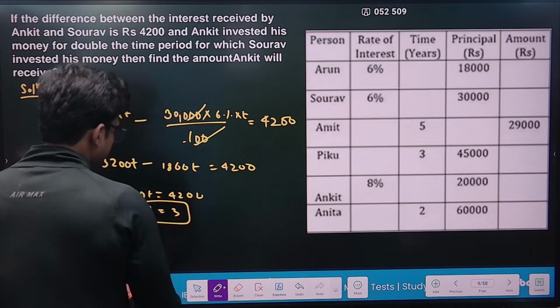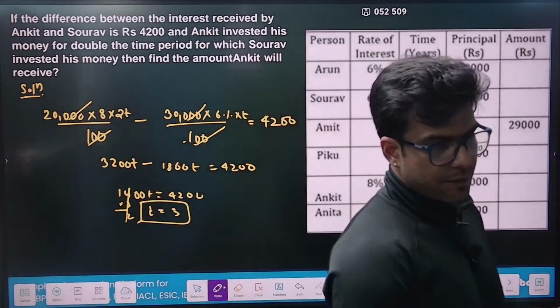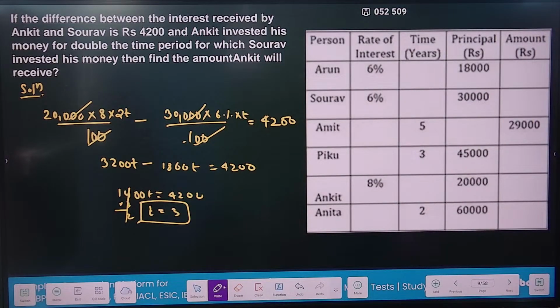So from here the value of t is basically 3. Correct? We got the value of t as 3.